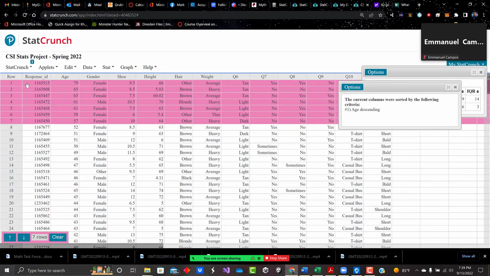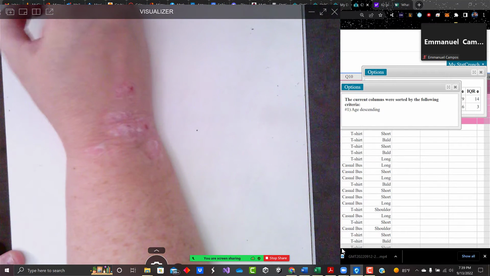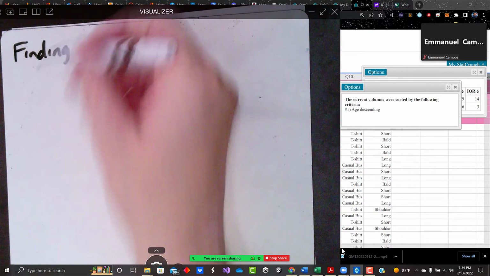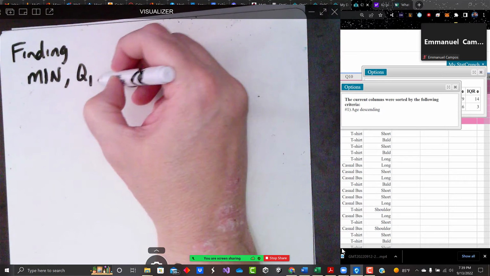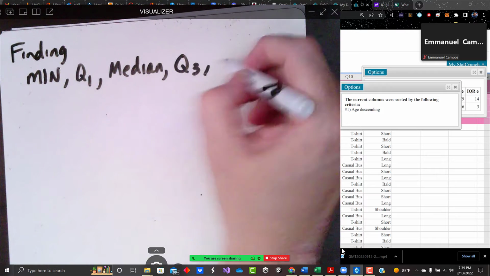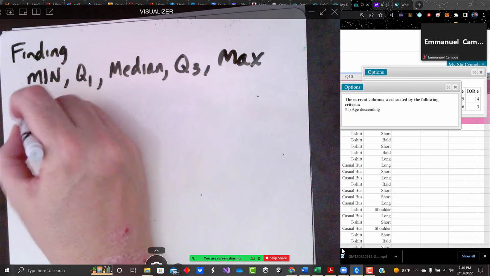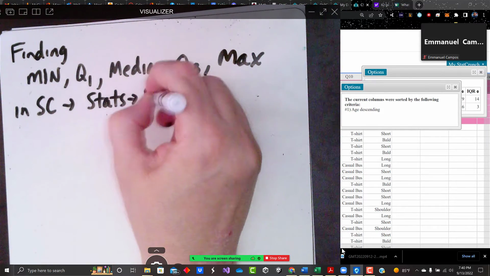So let's show how to see all this stuff kind of graphically in StatCrunch. So finding min, Q1, median, Q3, and max. In StatCrunch, you're going to go stats, summary stats.